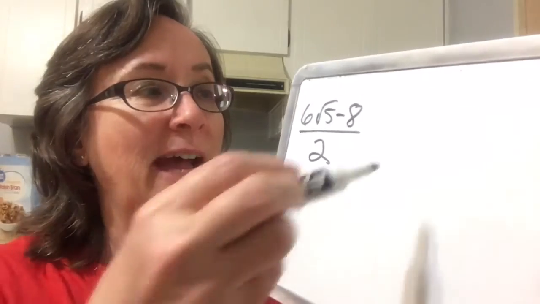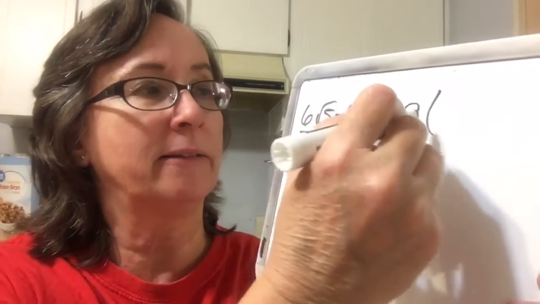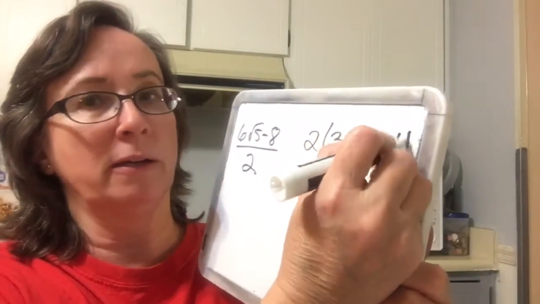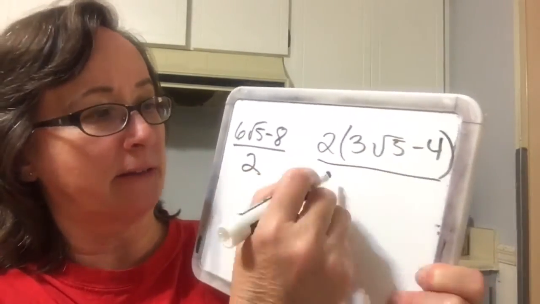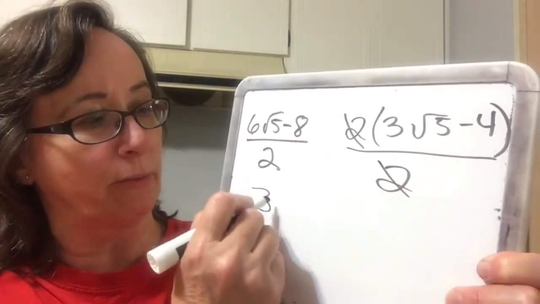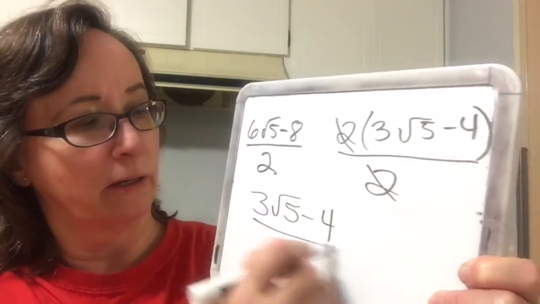So I should factor out of the numerator a 2, and I'll get 3 square root of 5 minus 4. And then this one's already factored in the denominator. And then my answer will be 3 square root of 5 minus 4.